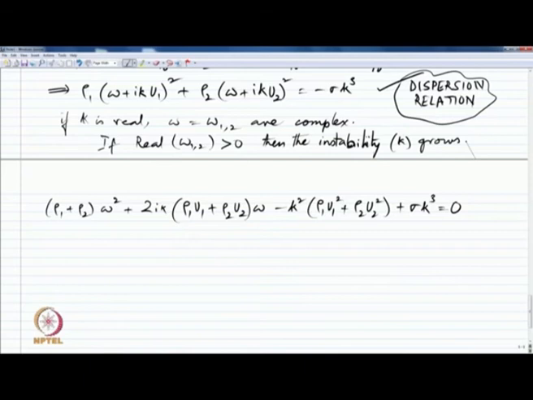So, this is simply the dispersion relation written out as a quadratic of the form a omega squared plus b omega plus c equal to 0.